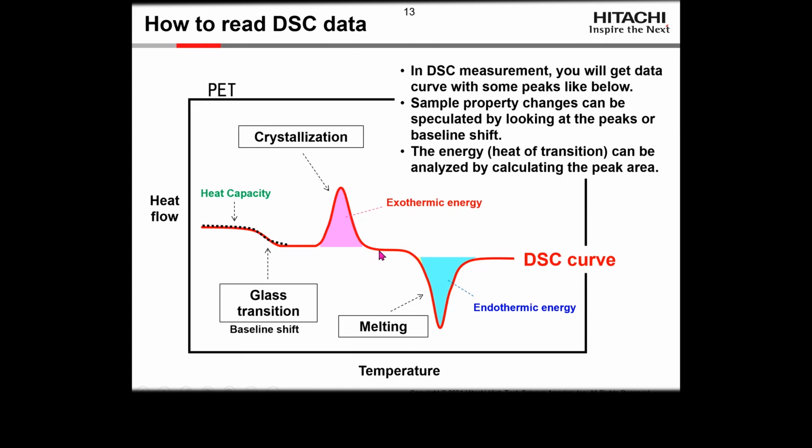An exothermic peak pointed up in this graph tells us of energy that's released, so for like crystallization or curing in a material. And an endothermic peak going down gives us melting or another process where energy is absorbed by the material.